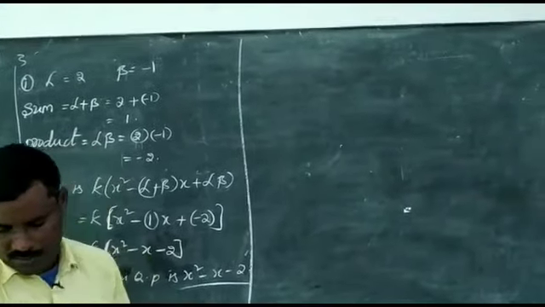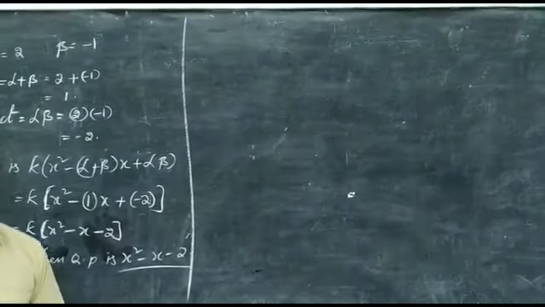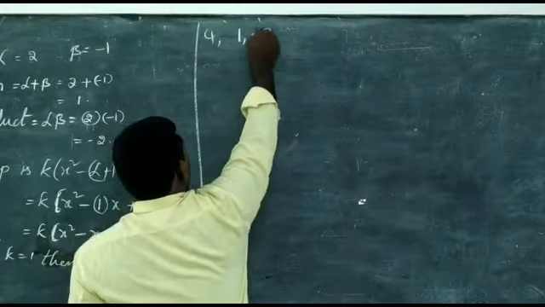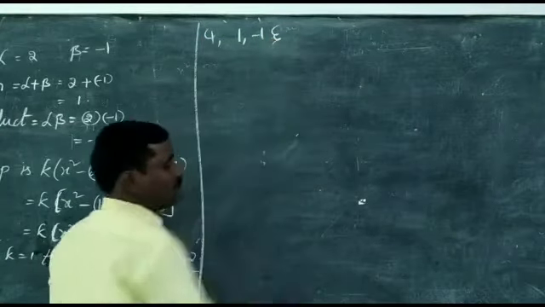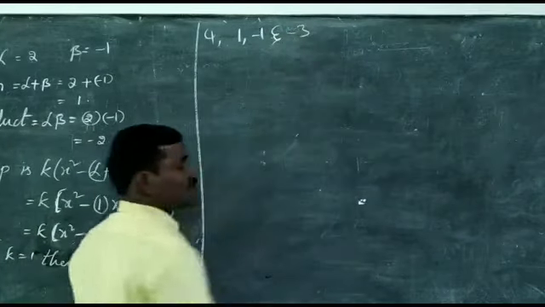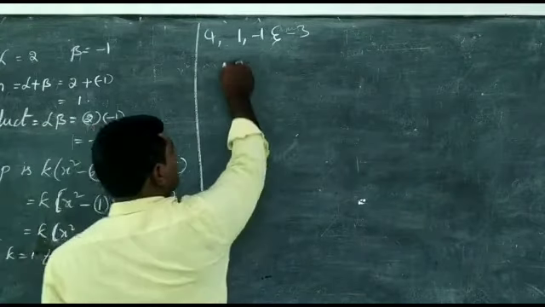That's why you can observe carefully, it is a very important question. Verify that 1, minus 1 and minus 3 are the zeros of the cubic polynomial x cube.